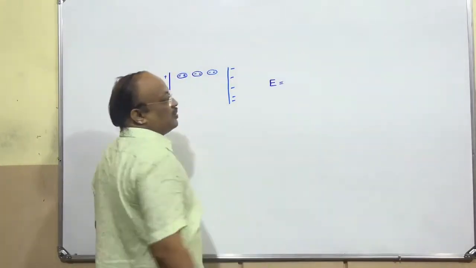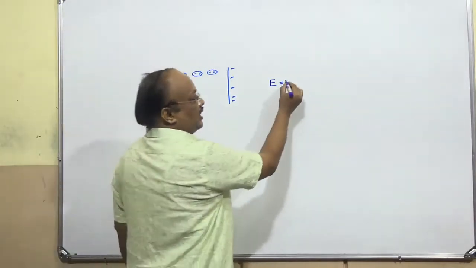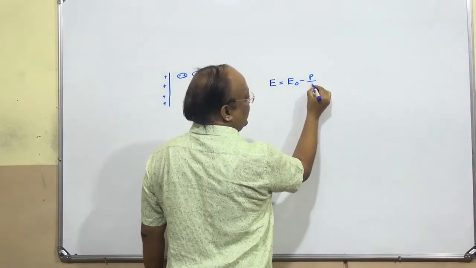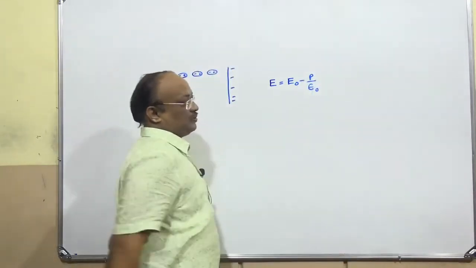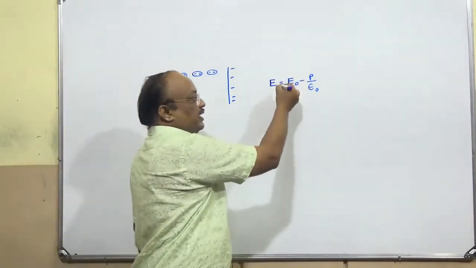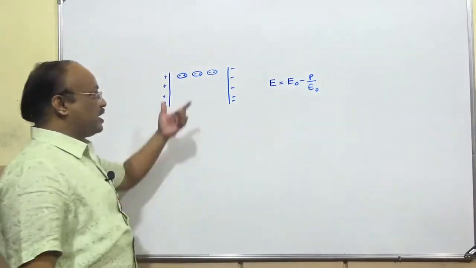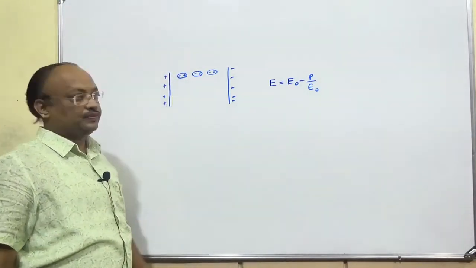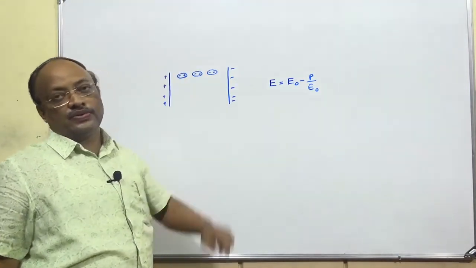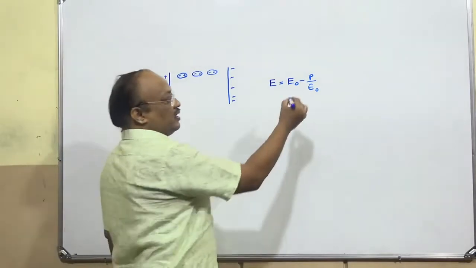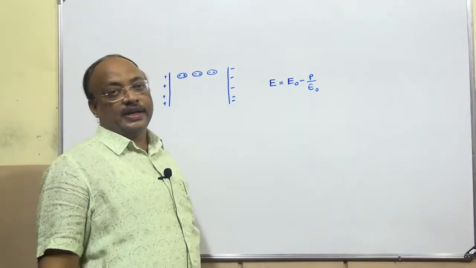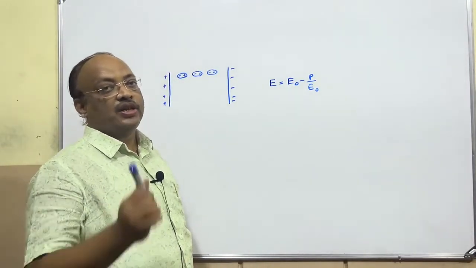As Madam discussed in yesterday's class, it is E = E naught minus P by epsilon naught, where E naught is the initial electric field when a dielectric is not introduced, E is the electric field when a dielectric is introduced, and P is the polarization density.